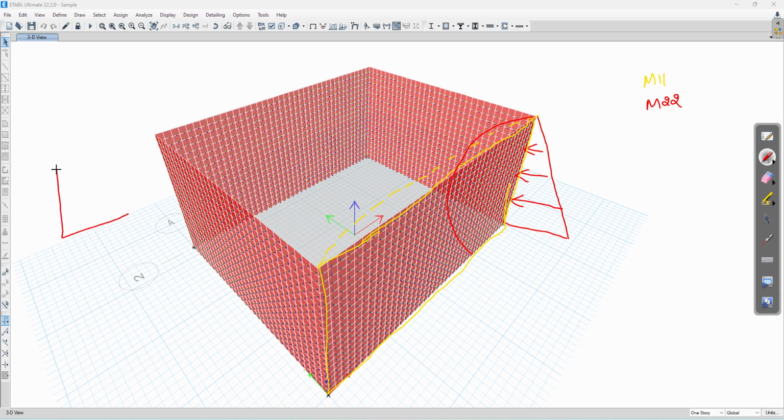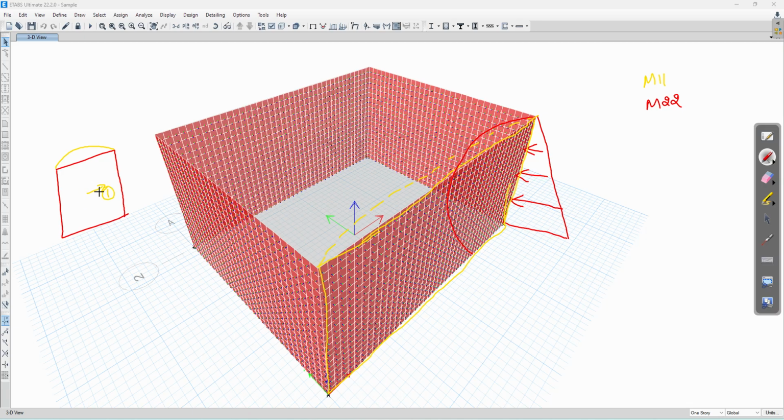If you have a wall like this, M11 bending will be your horizontal bending. This is your local axis 1, and it takes place along local axis 1.